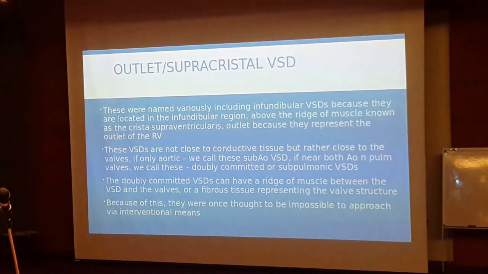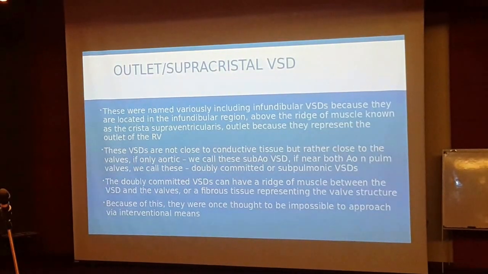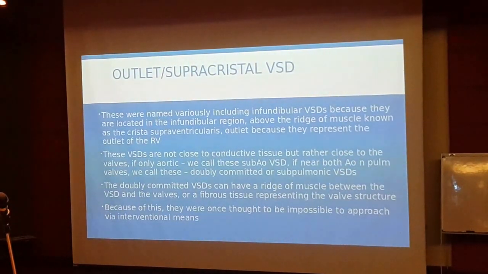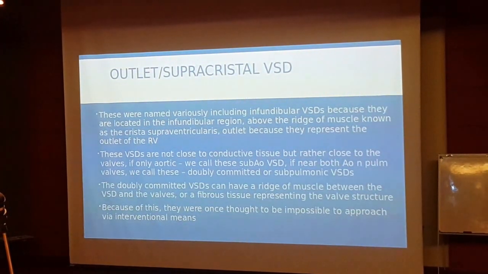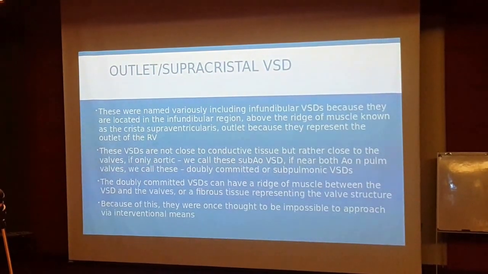Below that is trabeculated, and above that is smooth muscle wall. So that region is what we call the right ventricular outflow tract, and also the infundibular region. It has also been called the supracristal region as well.